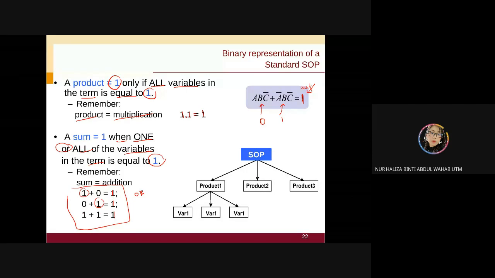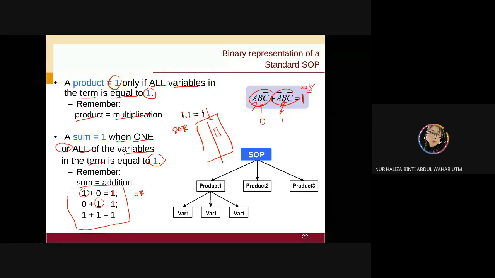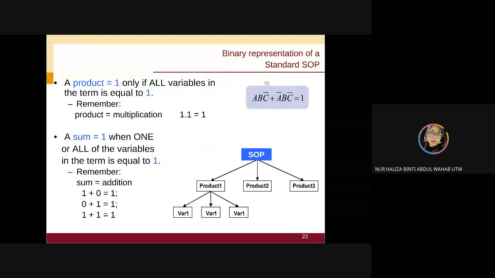That's why last time in your 4A module, you learned on SOP expression. When you want to make a table, you search for all the 1s depending on your Boolean expression, right? If this is met, then your output will be 1.